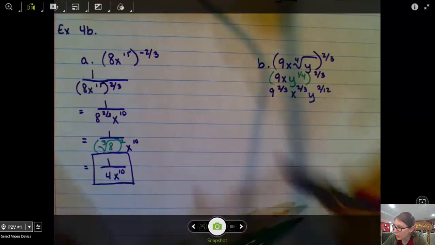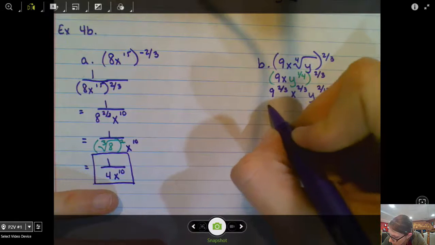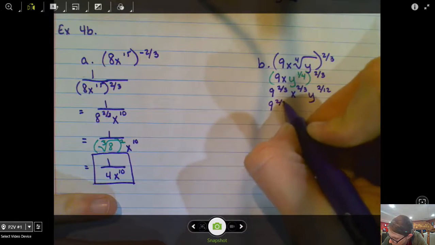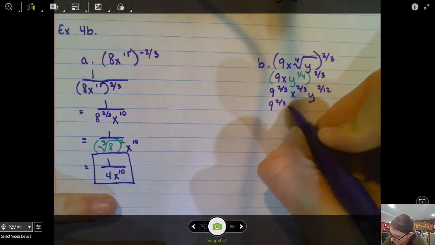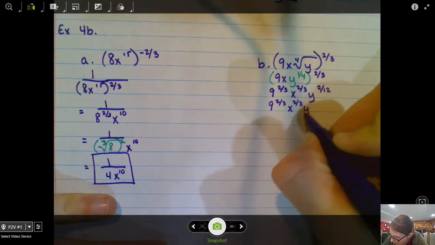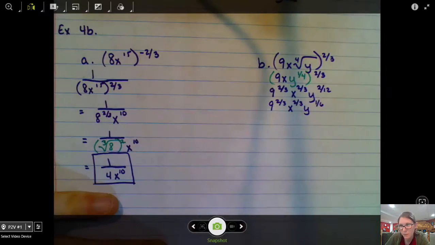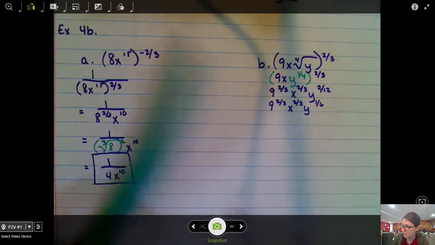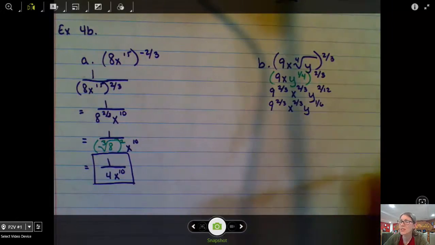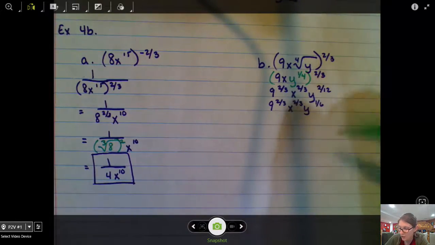Which that 2 over 12 simplifies to 1 over 6. So I'm going to go ahead and make that change here too. Everything else is the same, but this is y to the 1 over 6. This looks really messy. Lots of rational exponents.